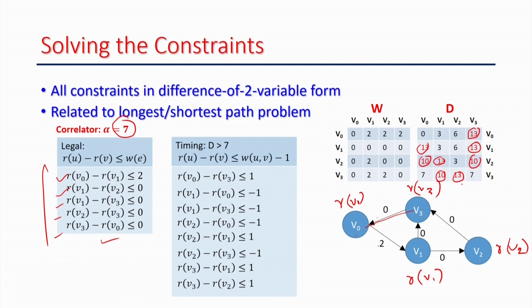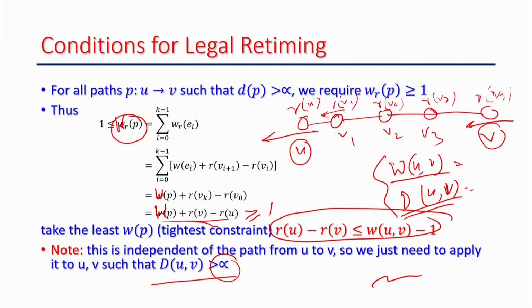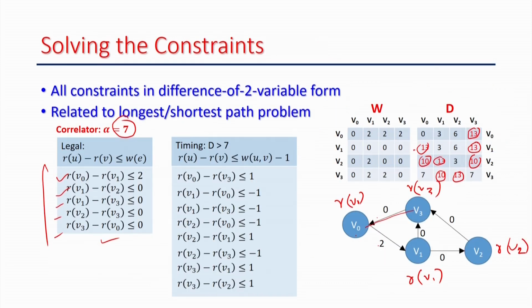So, if I just consider this value, this is V1 to V0. For V1 to V0 I have to add a constraint like this: RU minus RV less than or equal to WUV minus 1, right. The WUV value we get from this parameter.